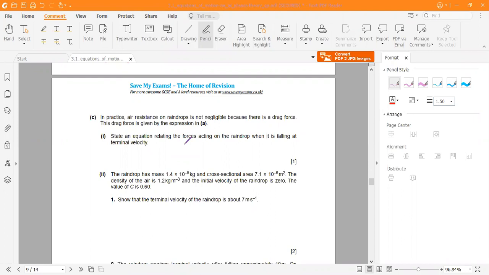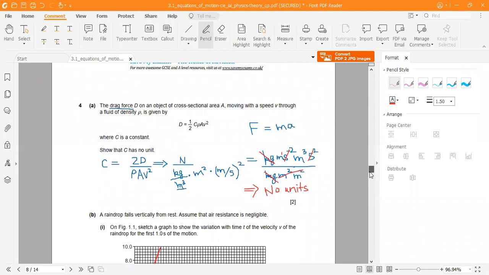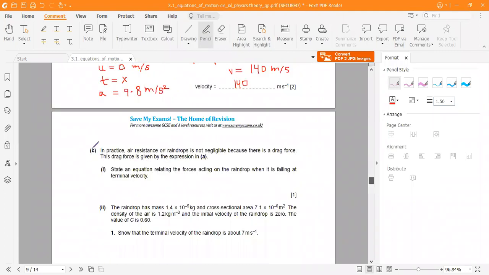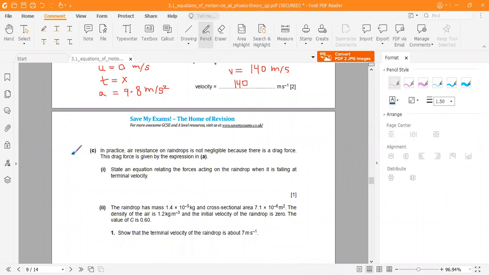Now in this case again we will make a free body diagram. So assume there is a water molecule like this. Let me make it with blue. This is your small raindrop over here. So what are the forces acting on it?